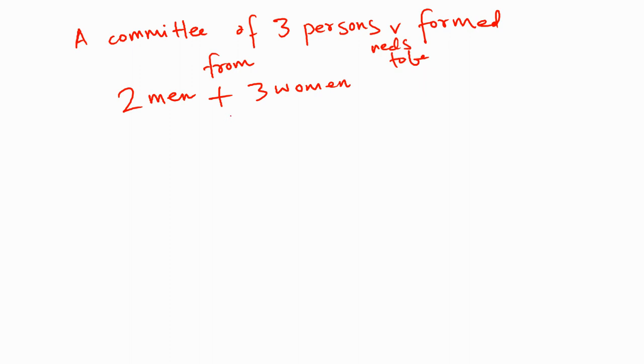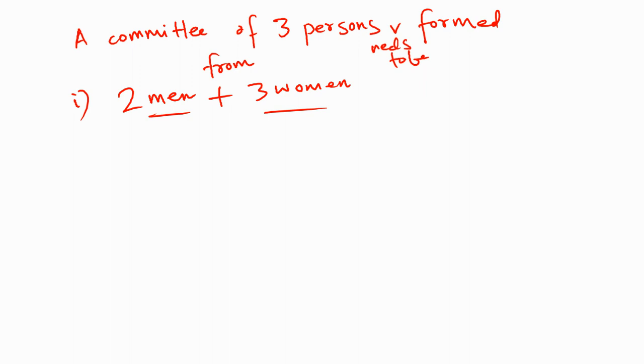In how many ways can this be done? Let's say this is the first problem: how many ways can we select a committee of 3 persons from 2 men and 3 women?